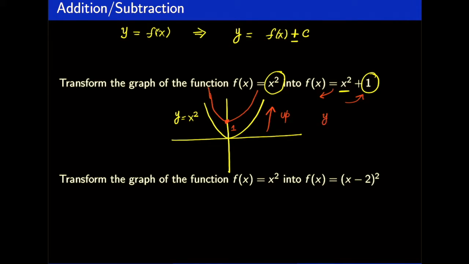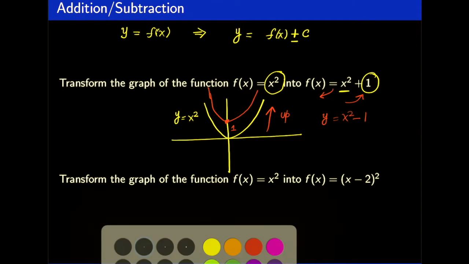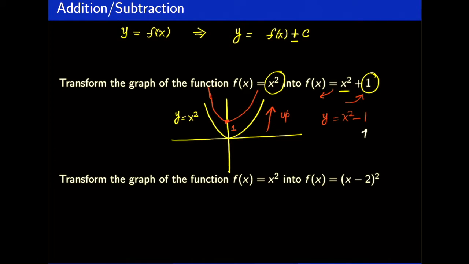Let's also take another example, which is x square minus 1. What happens if, instead of adding, I subtract 1 from the output? In this case, the graph will not change, except it will move downward 1 unit.